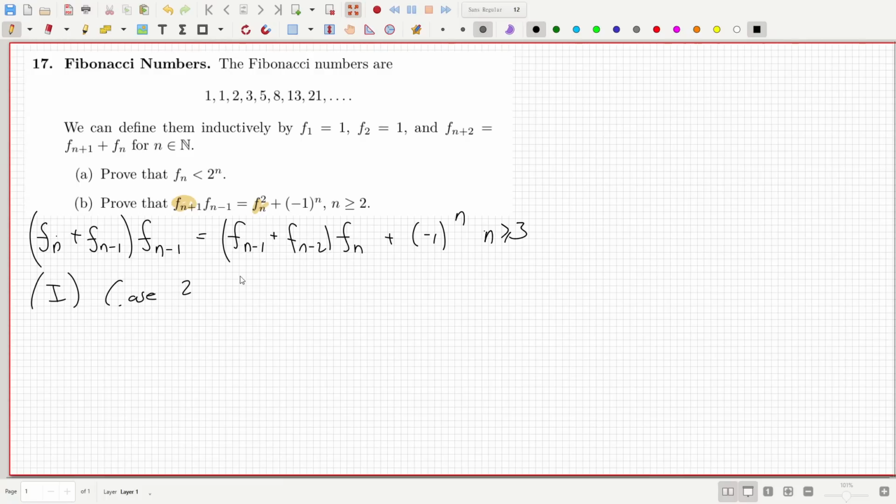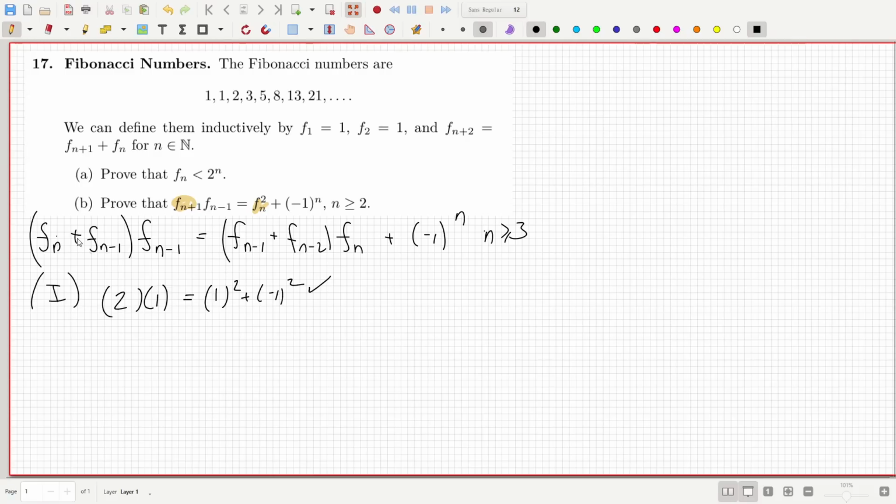So we might have to prove the first two cases. I'll prove the very first case in this form just to be safe, and the first case in this form just to be safe. So n is 2, so that's F3 times F1. Does that equal F2?